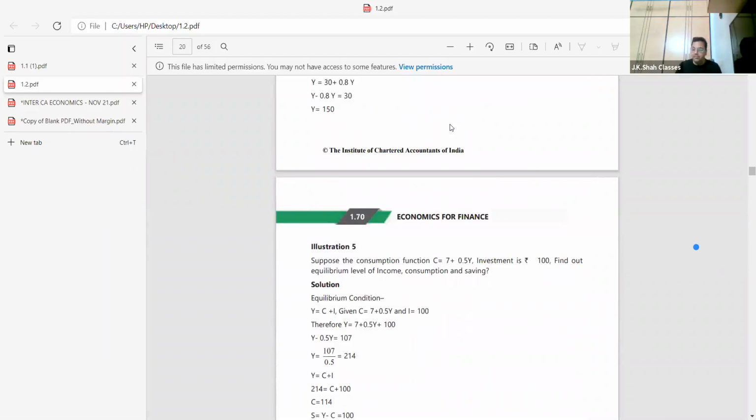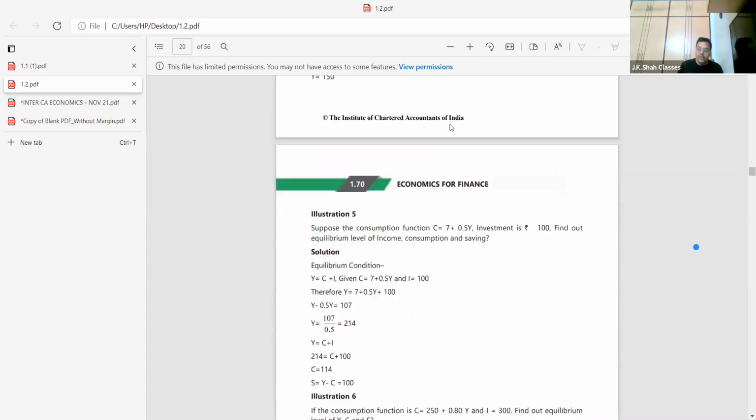Come to illustration number 5. Look here. Suppose the consumption function is given as C is equal to 7 plus 0.5Y. Investment is rupees 100. Find out the equilibrium level of income, consumption, and savings. Now, here 3 things you have to find. Start with Y is equal to C plus I. Consumption is 7 plus 0.5Y and I is 100.